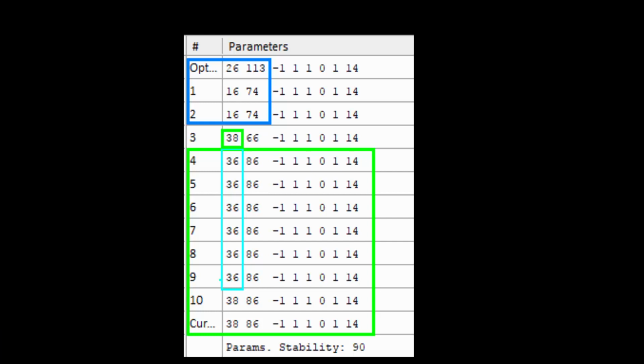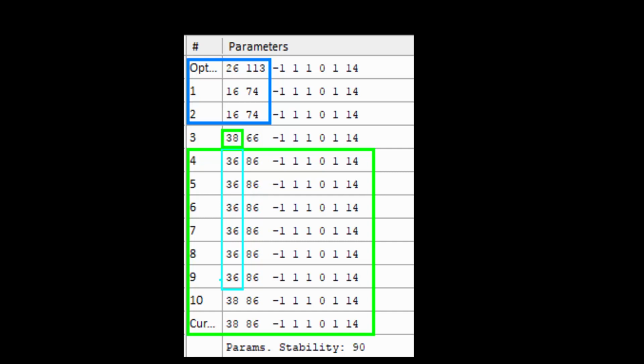It will always take a trading system some time to figure out what the best parameters are in the remainder of the data. So you can see in the first two runs, or three runs, that we have some parameters of 26 going to 16, and on the other side we've got 113 changing to 74.